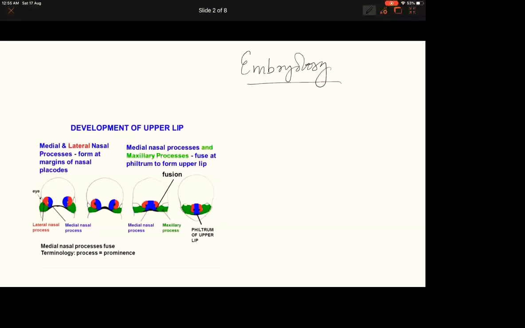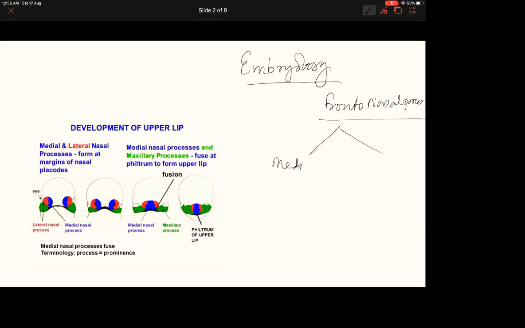The first thing that comes out is the frontonasal process. The frontonasal process will give rise to the median nasal and the lateral nasal processes.